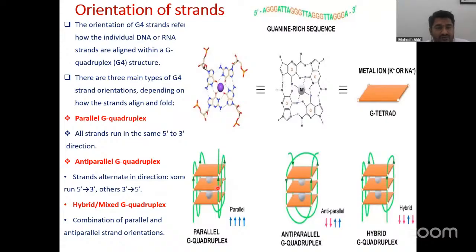It has a very uniform structure. In anti-parallel G quadruplex, some of the strands run 5' to 3', whereas some strands run in the 3' to 5' direction. That's why it is called anti-parallel G quadruplex. Last, the hybrid or mixed G quadruplex is a combination of both parallel and anti-parallel strand orientations.